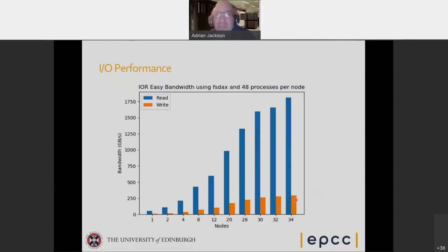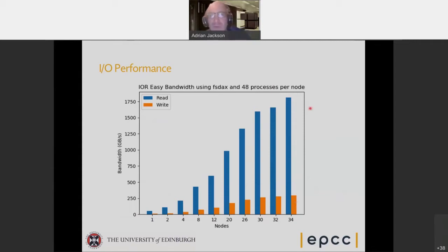And the nice thing about it is that, from a performance point of view, it has very high performance, at least if you compare it to parallel file systems. We have access to a system which has 34 nodes with this memory inside it.